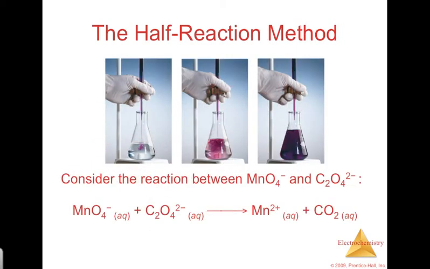So let's take a look at an example of balancing a half reaction. We're going to look at the permanganate ion, MnO4-, and the oxalate ion, C2O4 2-. Here is the overall equation.